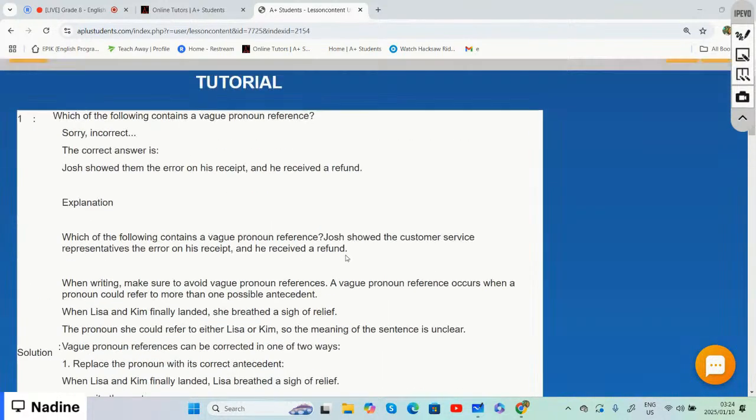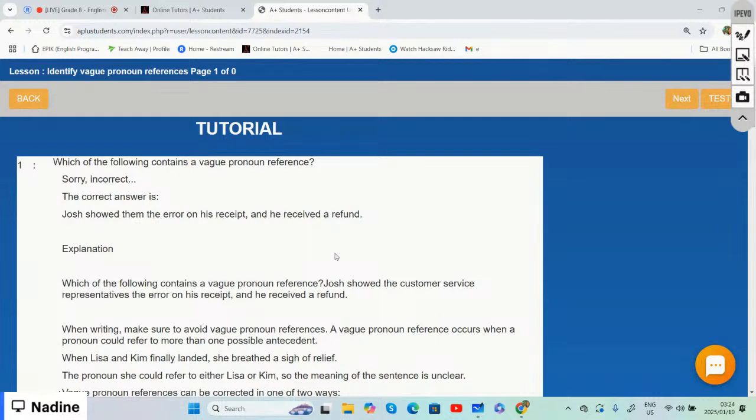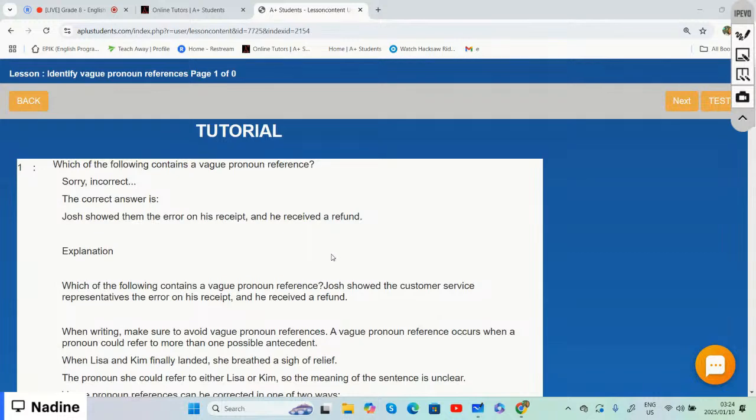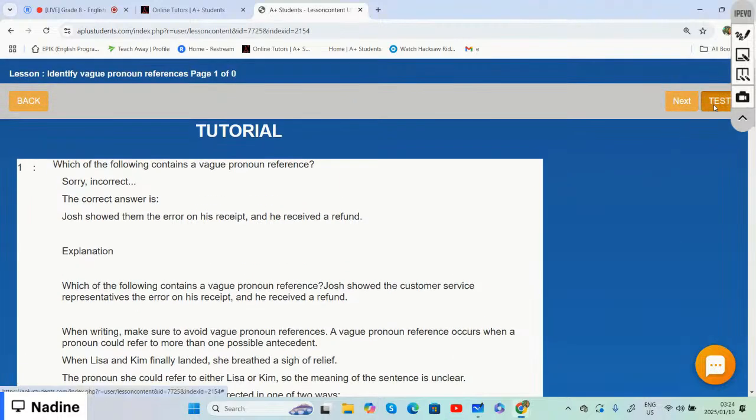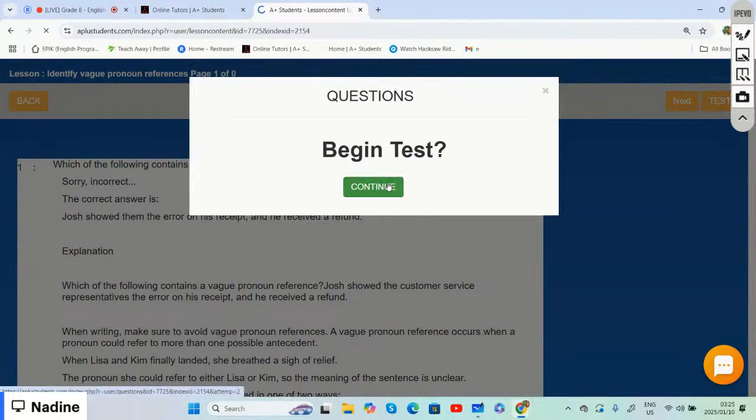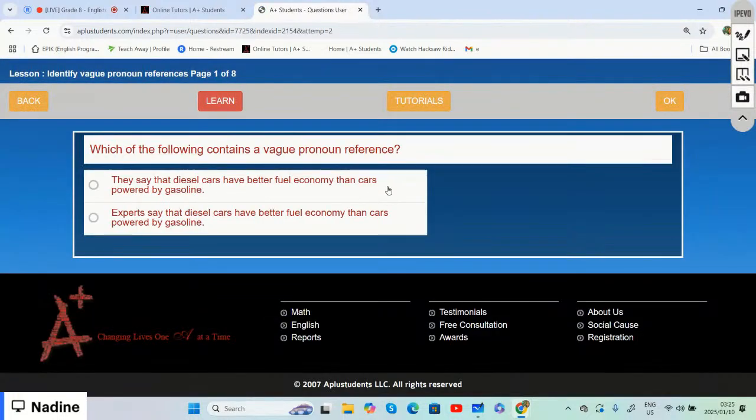All right, so let's go to our test where we're going to identify vague pronoun references. Remember, a vague pronoun reference is when a sentence is unclear, where a pronoun can refer to more than one possible antecedent, or there's no antecedent at all, and that makes a sentence unclear. We need to say which of the following is a vague pronoun reference.